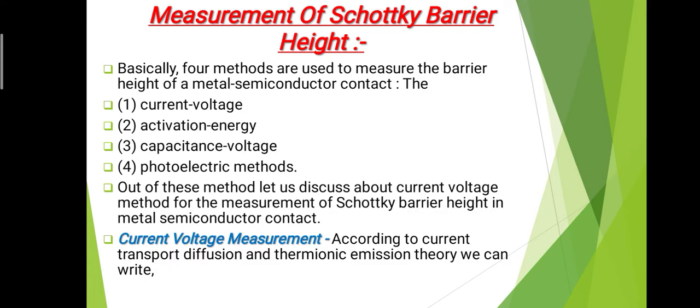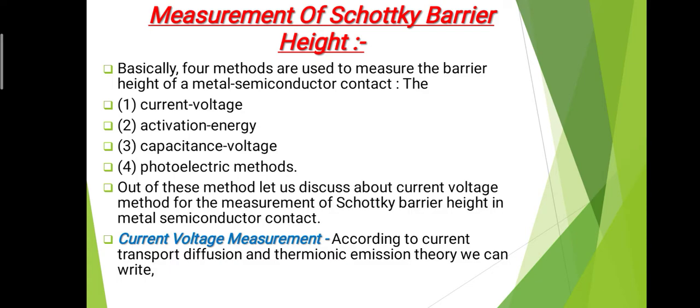Current voltage measurement. According to current transport by diffusion and thermionic emission theory, we can write: we have discussed the diffusion theory of the metal semiconductor contact, and also the thermionic emission, and from that we have derived the expression for the current density.